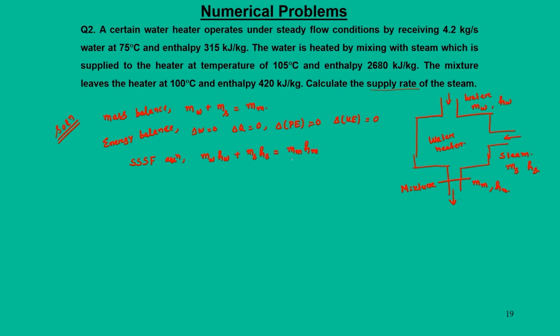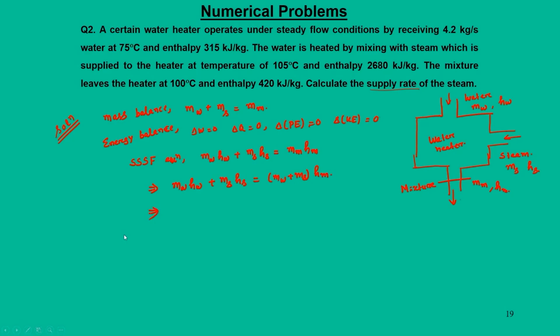Now, introduce MM in this equation. It can be simplified as MW HW plus MS HS is equal to MW plus MS into HM.